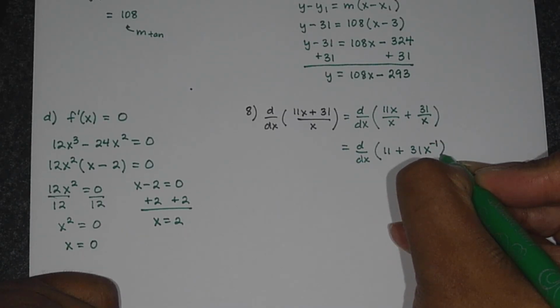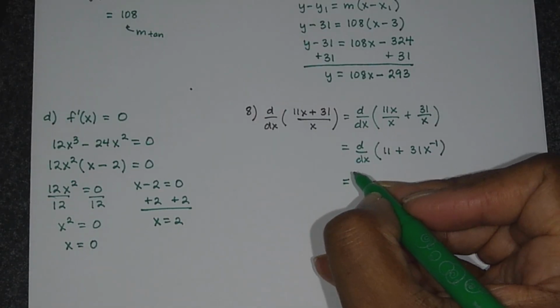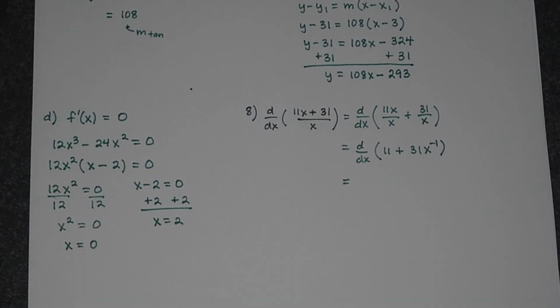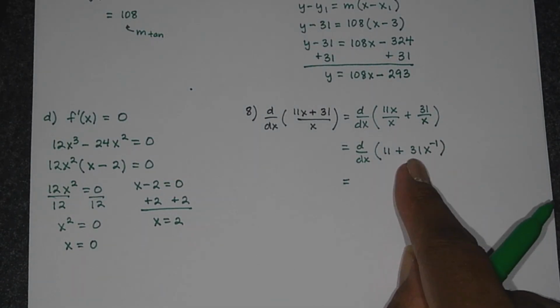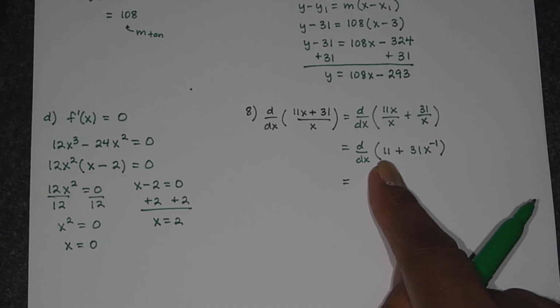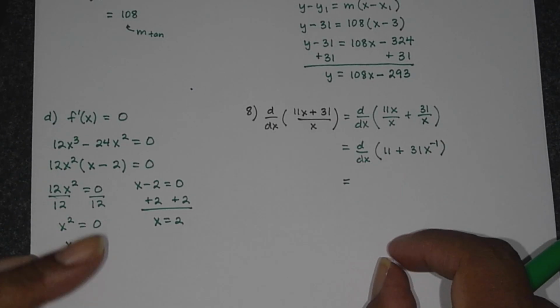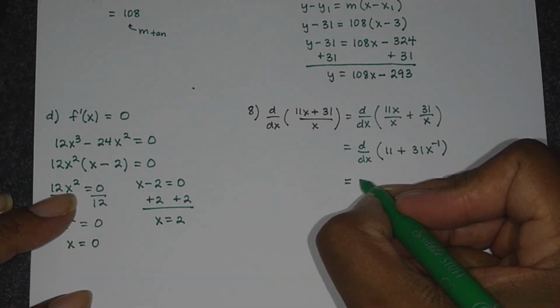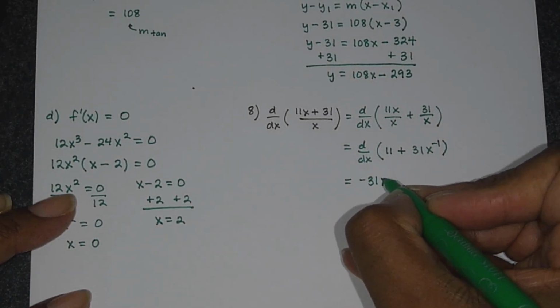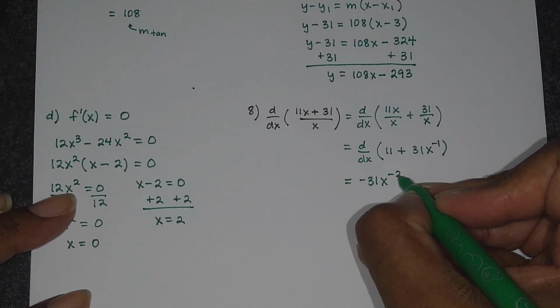Now let's go ahead and take its derivative here. The derivative of 11, of course, is 0. And the derivative of 31x to the -1 is -31, x to what power? -2.